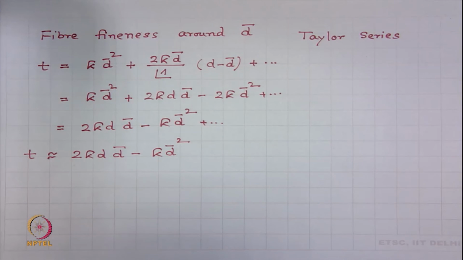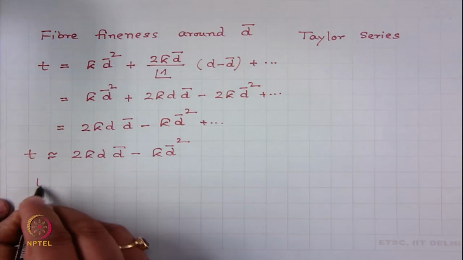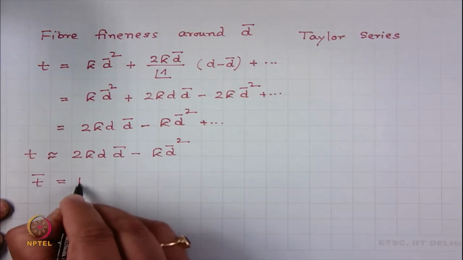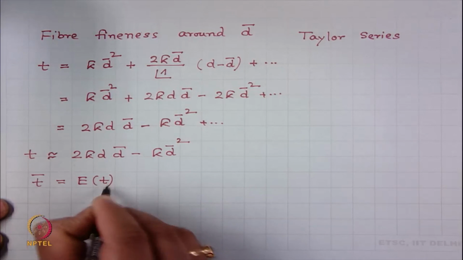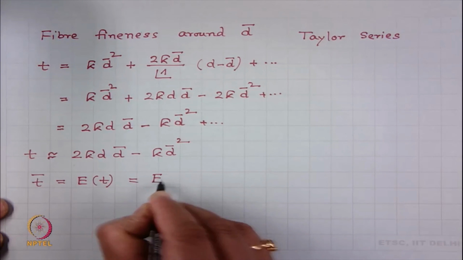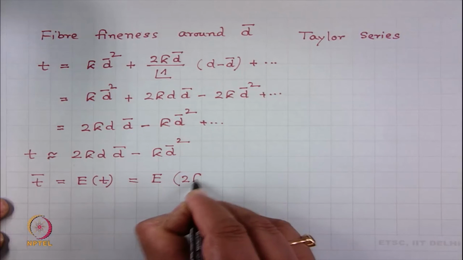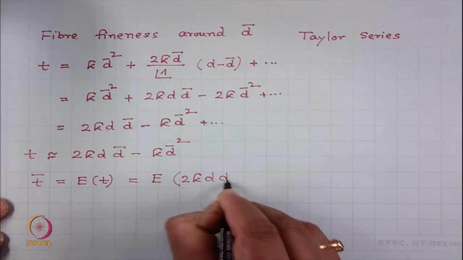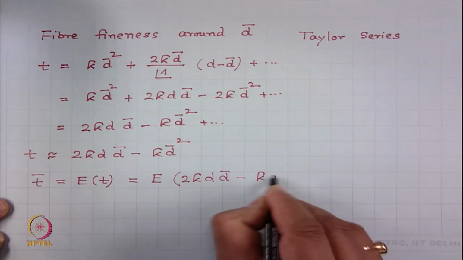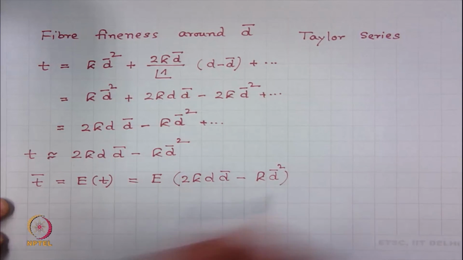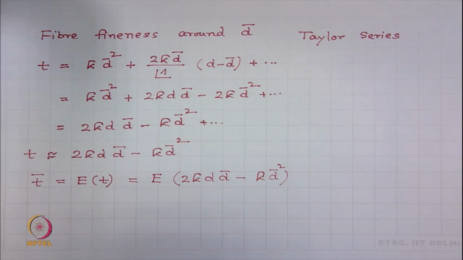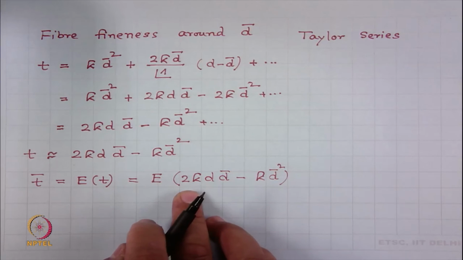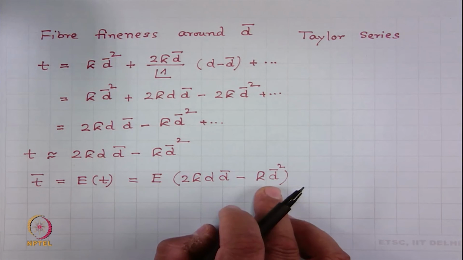what will be the mean and variance of T? Mean of T is equal to expectation of T, that is equal to expectation of 2 k d d bar minus k d bar square. k is a constant and d bar is also constant.